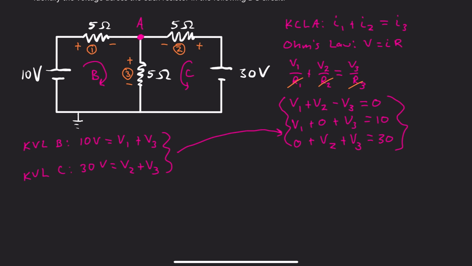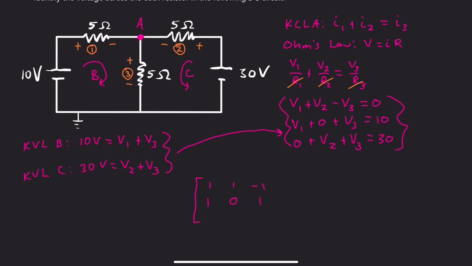So when you rewrite these three equations in terms of a matrix, you write the coefficients of the voltages, so 1, 1, -1. That first row corresponds to coefficients of this equation. Next row will correspond to the second equation: 1, 0, and 1.